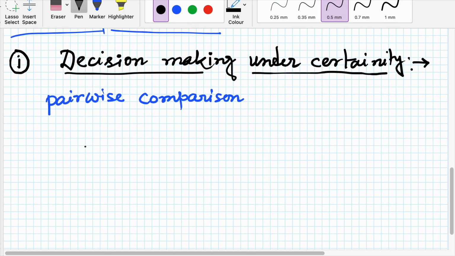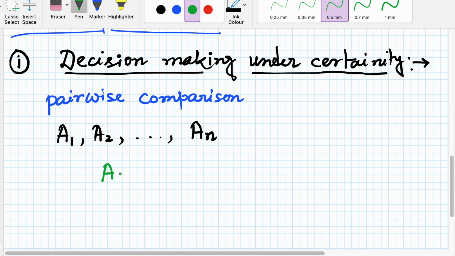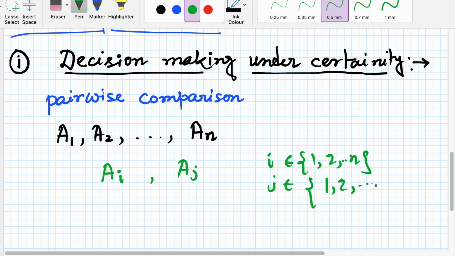Suppose in front of a subject there are n options, a1, a2, ..., an. First I will present in front of the subject two options ai and aj, where i can be anything between 1 to n and j also belongs to 1 to n, and i is not equal to j.